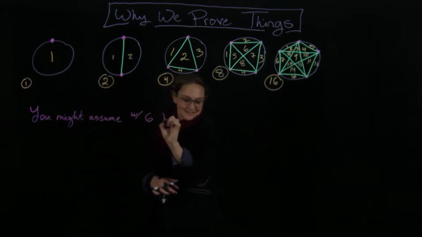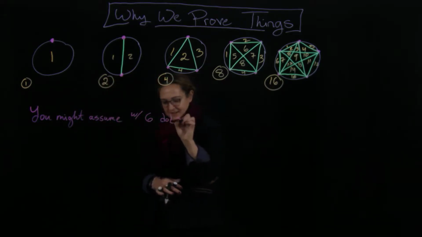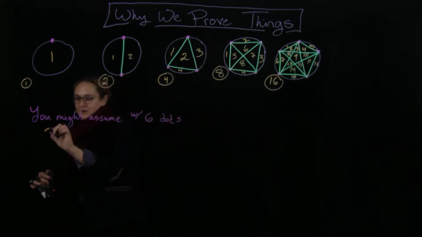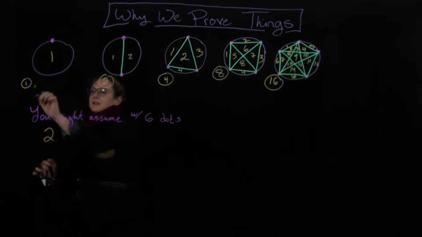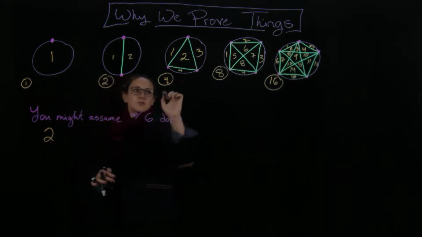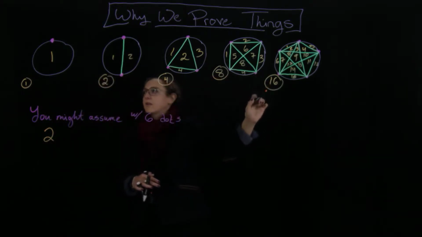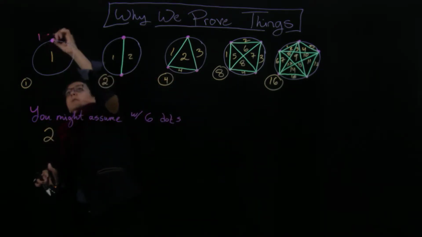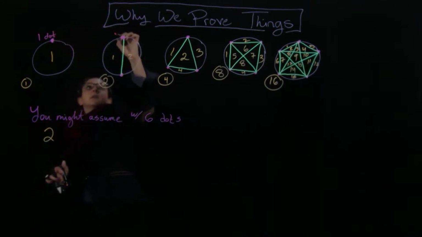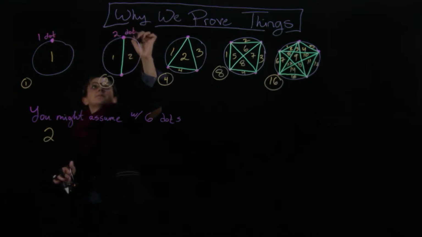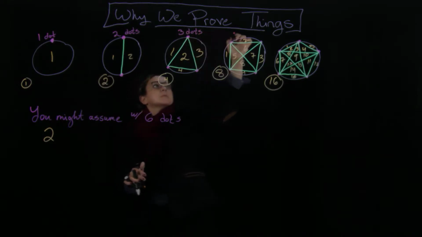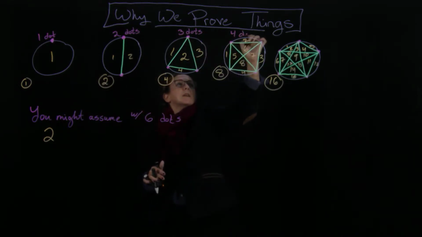So with 6 dots, I think I'm going to get 2 to the 0th, 2 to the 1st, 2 to the 2nd, 2 to the 3rd, 2 to the 4th. But this is 1 dot, 2 dots, 3 dots, 4 dots, and 5 dots.